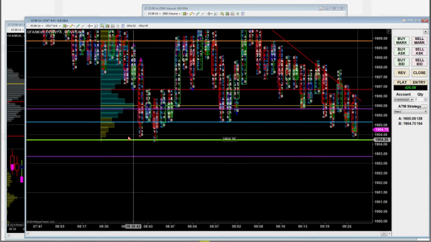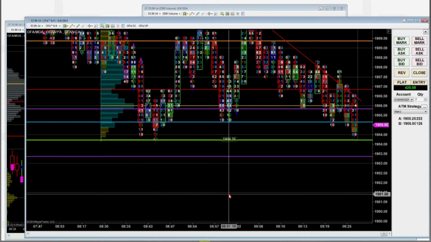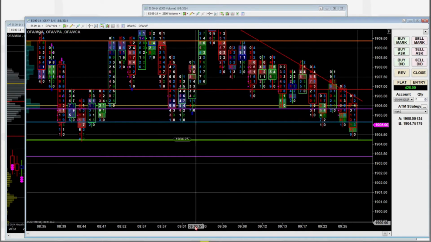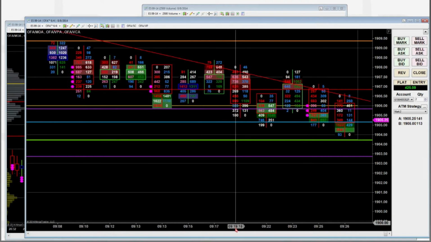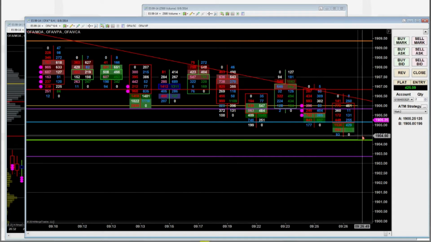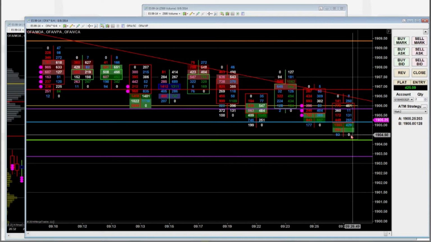So watch this profile down here. Remember when I said you've got to be careful if this thing starts ticking right in front of IB being set. IB is about 2.5 minutes away.